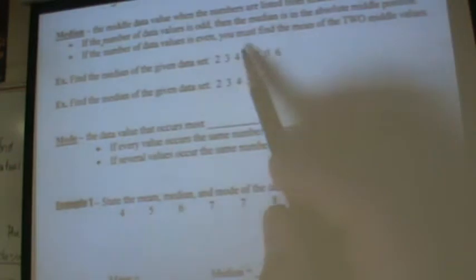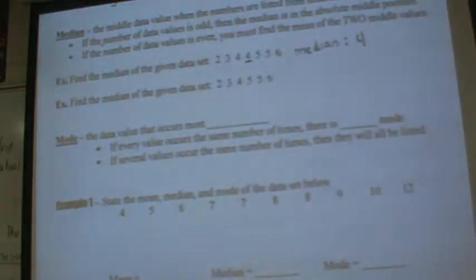So this is our absolute middle spot, and our median for the first set is 4. You're looking for the middle number in your set.